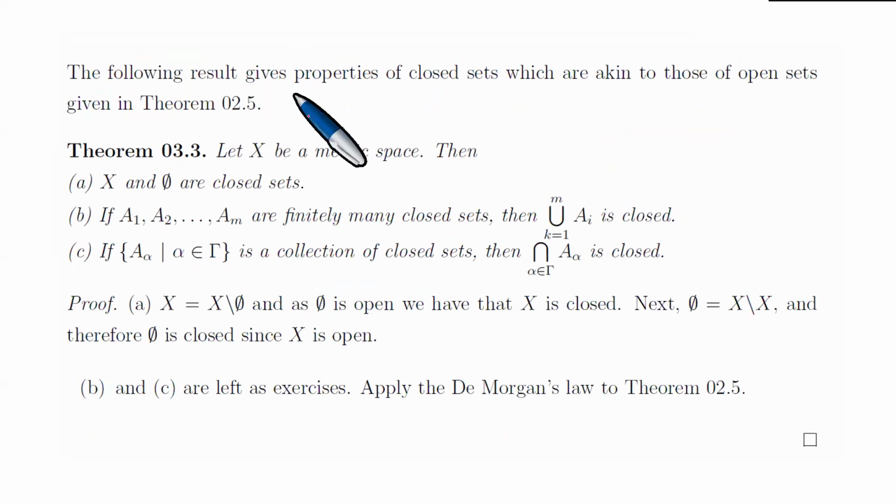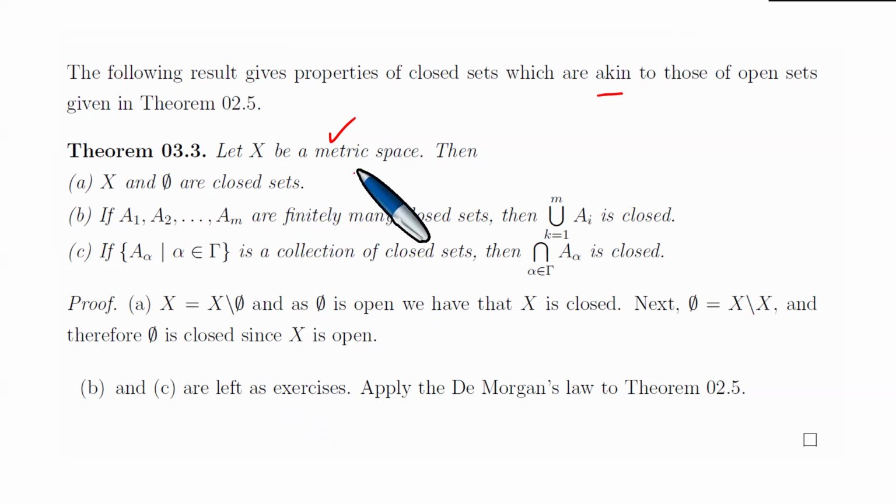The following result gives properties of closed sets which are akin to those of open sets in theorem 03.5. Let us take a look at this particular result. Theorem 03.3: let X be a metric space. This is a very powerful theorem, but it's not specific about which metric space we're talking about. Then X and the empty set are closed sets.